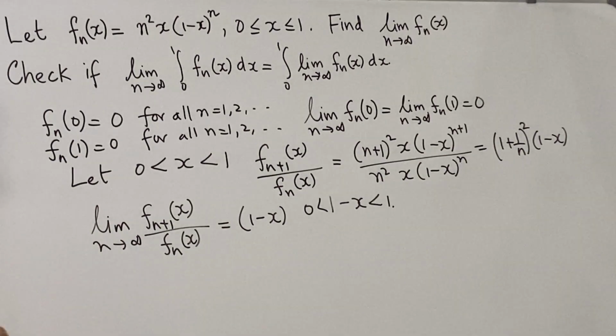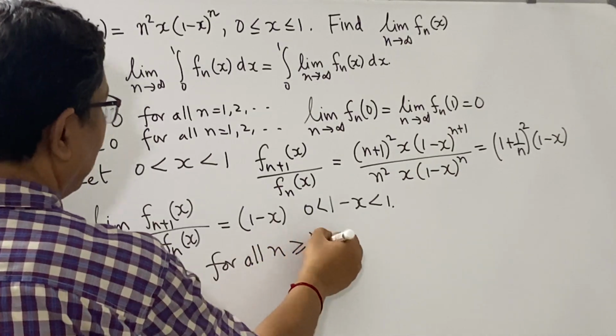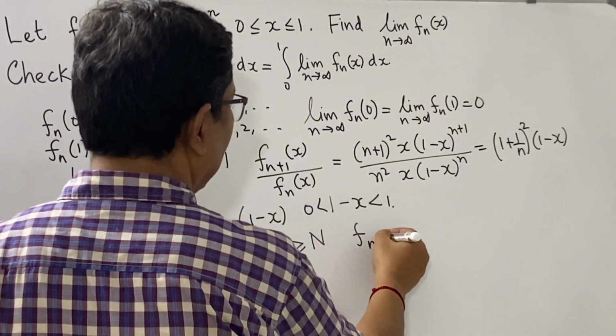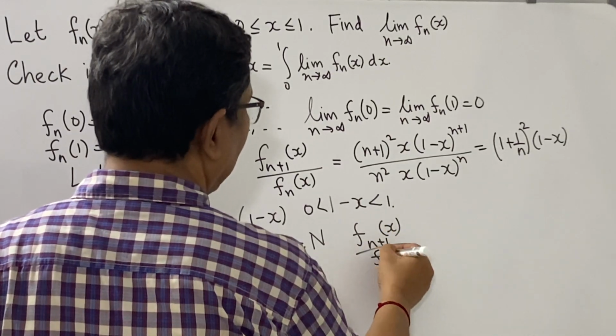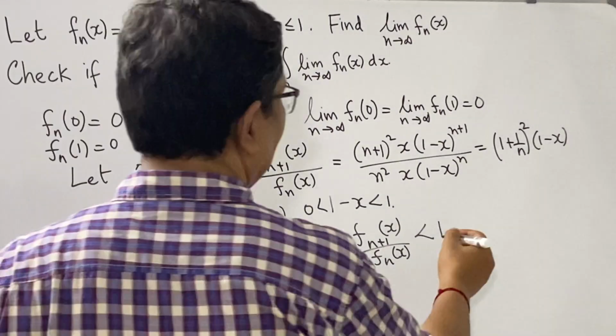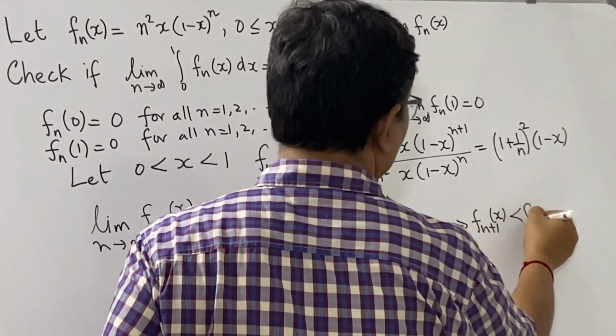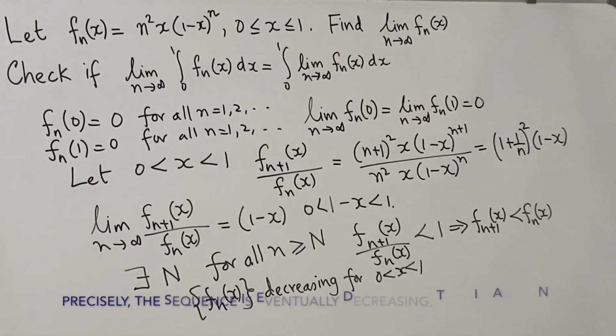Therefore, after some stage, which we denote as capital N, for all small n greater than or equal to capital N, f_{n+1}(x) divided by f_n(x) has to be less than 1, which means that f_{n+1}(x) is strictly less than f_n(x).